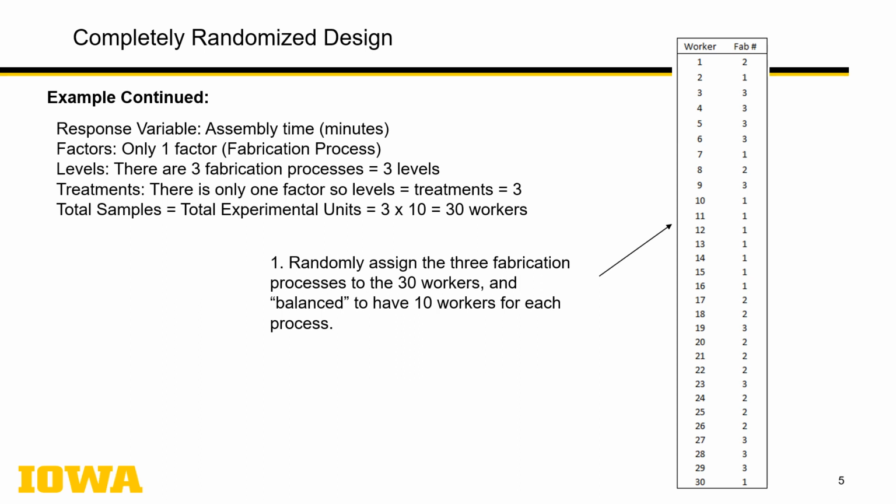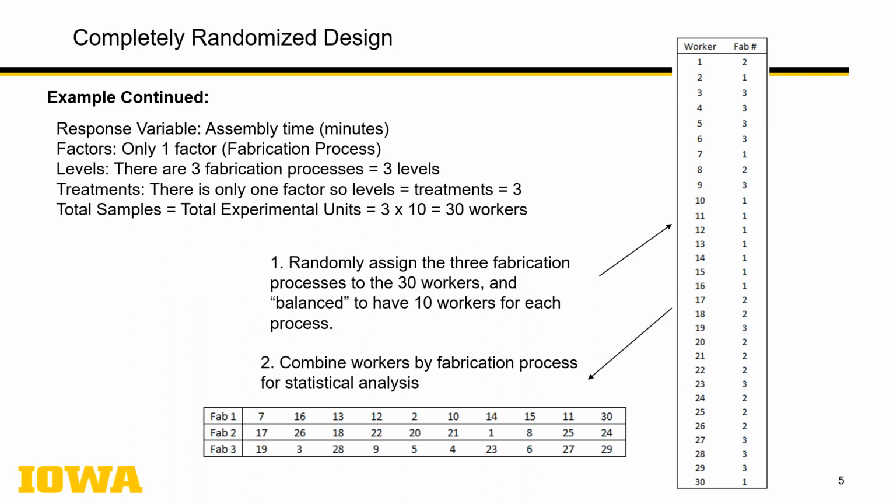Then you cut out 10 little pieces of paper with the number 2, and the same thing for number 3. Then you shuffle them all around, and you pull out a 2, and so you assign that to worker number 1. Then the next thing you pull out is a 1, you assign it to 2, etc. So now I know with that technique that I will have 10 1s and 10 2s and 10 3s, and they'll be randomly assigned to the 30 workers.